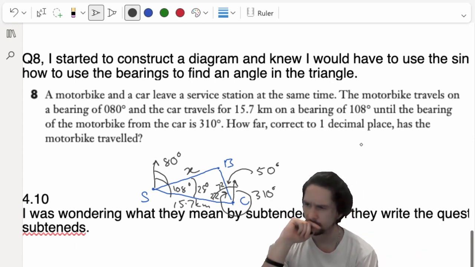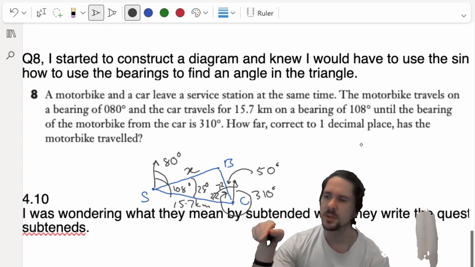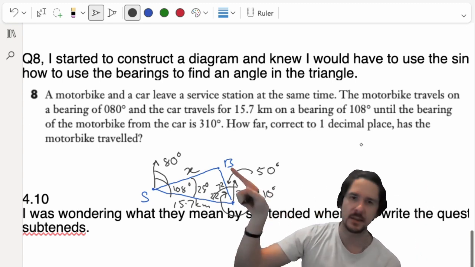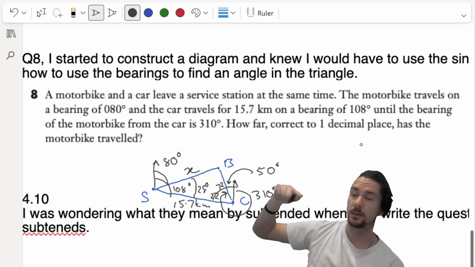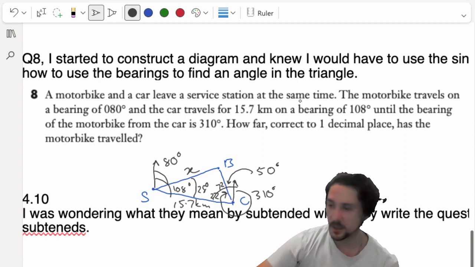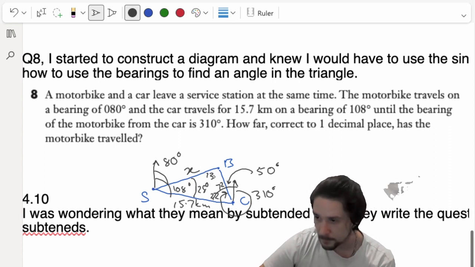Can we? We can use the sine rule, but we have to figure out the angle at B. But that's easy, right? 28 plus 22 is 50, so that's got to be 130 up there.